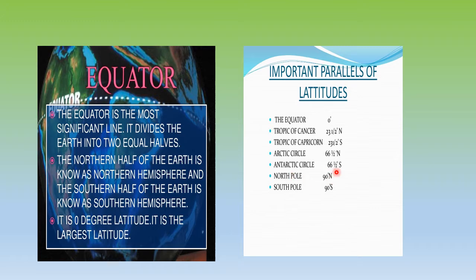Again, North Pole falls in the northern hemisphere, so we'll write N, and similarly S for South Pole. So writing N and S is very important, because if you are just writing 23.5 degree, what exactly are you talking about? Are you talking about Tropic of Cancer or Tropic of Capricorn? We will not understand that.